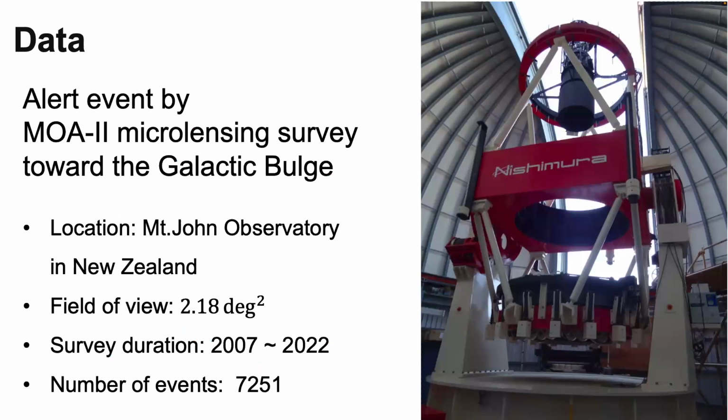We apply this algorithm to the data of events alerted by MOA's microlensing survey towards the Galactic bulge. This is located at Mount John Observatory in New Zealand, and it has a field of view of 2.18 square degrees. We use the data taken from 2007 to 2022, and this sample consists of about 7,000 events.